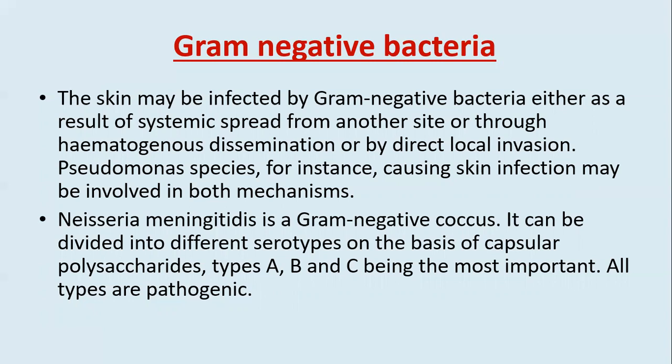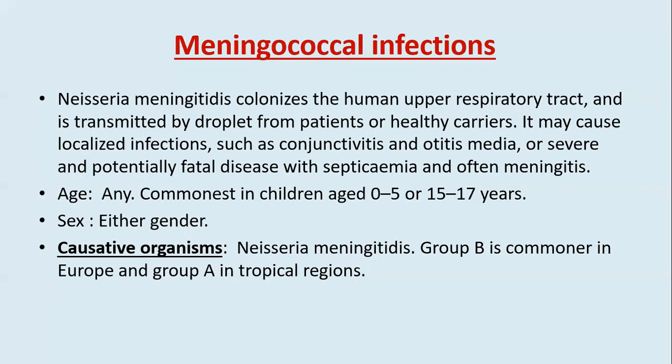The gram-negative cocci include Neisseria meningitidis, which is a gram-negative coccus divided into different serotypes on the basis of capsular polysaccharides, types A, B, and C. So meningococcal infection is the first described lesion here.